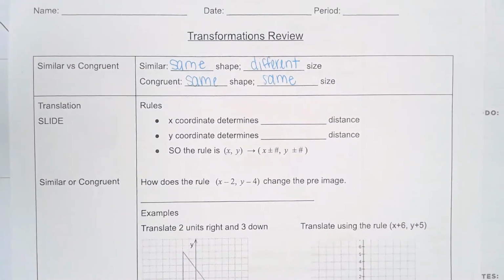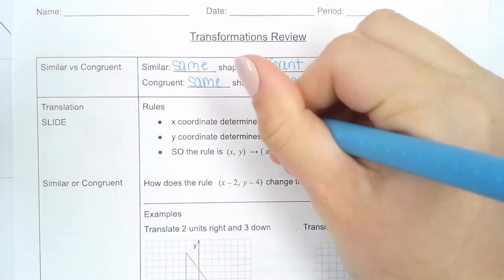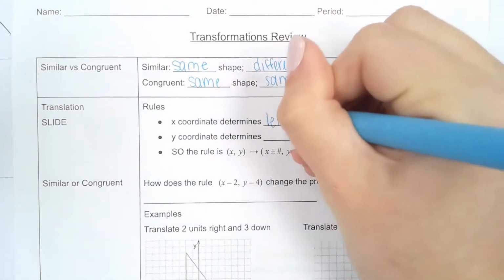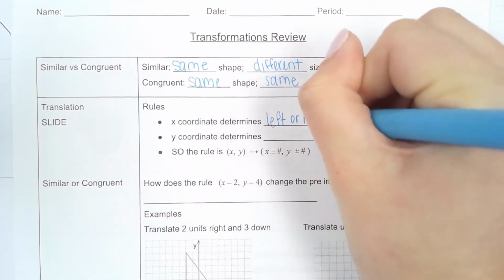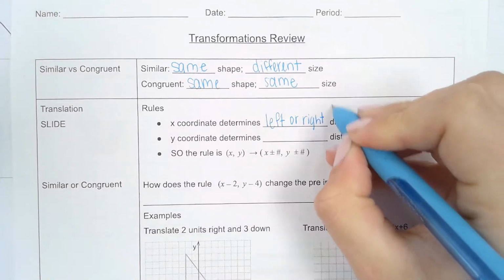All right. Now the rules for a translation. Remember, translation just means that you're sliding a figure. So your x coordinate determines your left or right distance, the horizontal distance, I guess I should say.